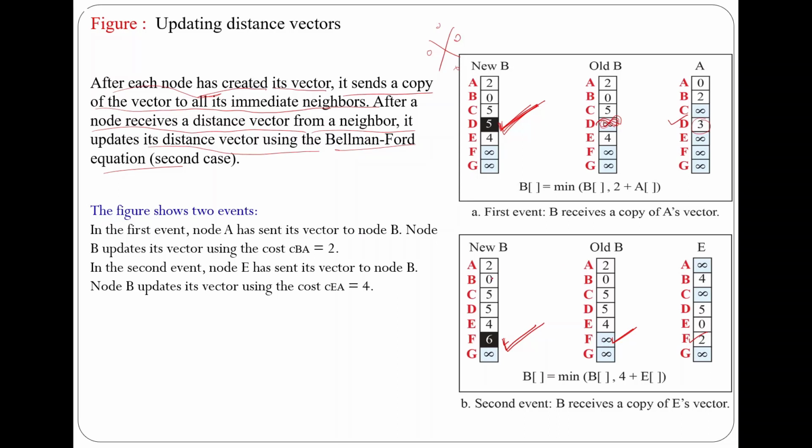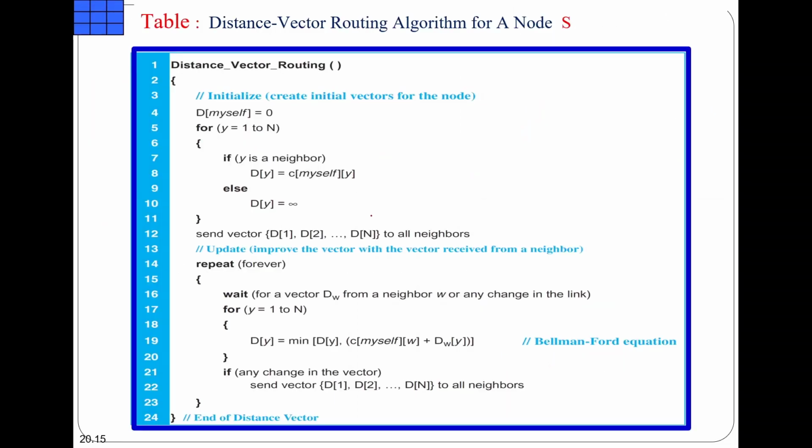Like this, every node will be updated with a new distance vector. Here we are talking only about node B. The same thing will happen for node A, node C, node D. All the nodes will get updated every time. In the updating, what is happening? The minimum cost path is found out. So this is called the distance vector algorithm.